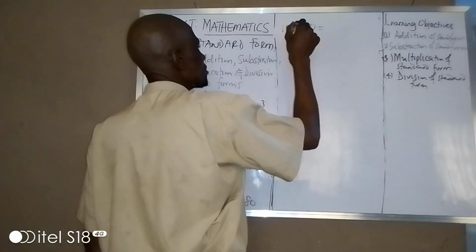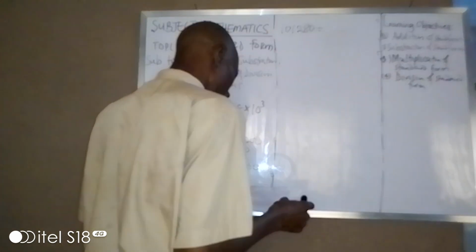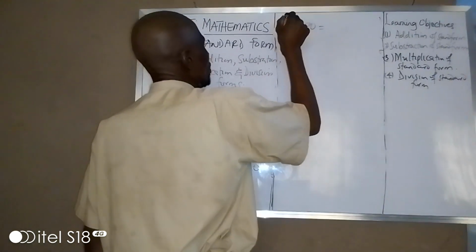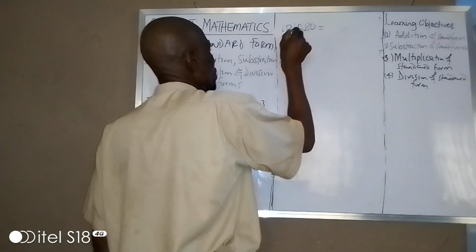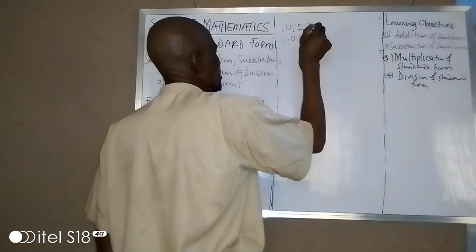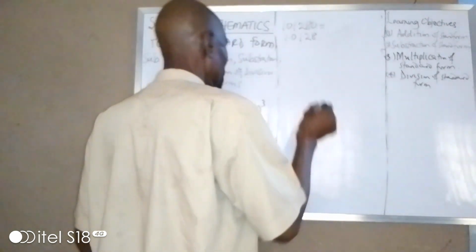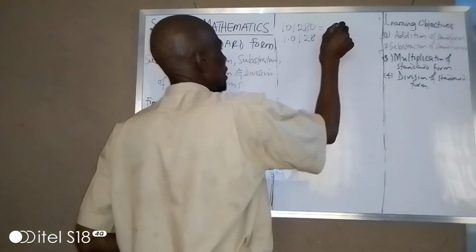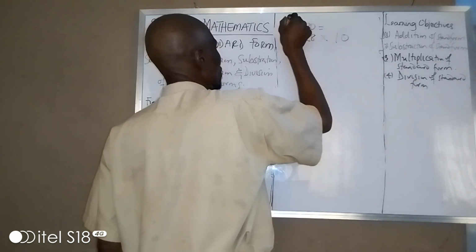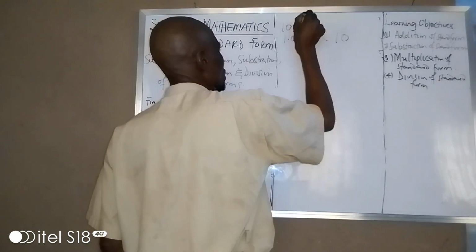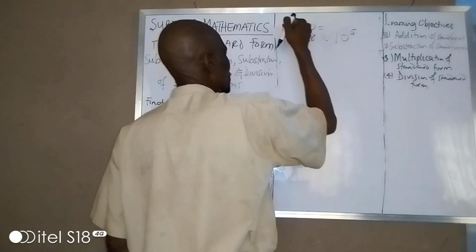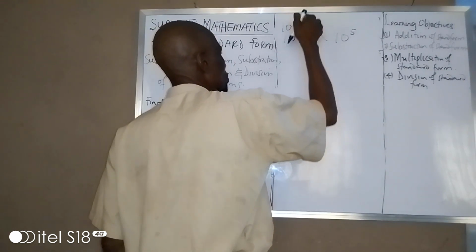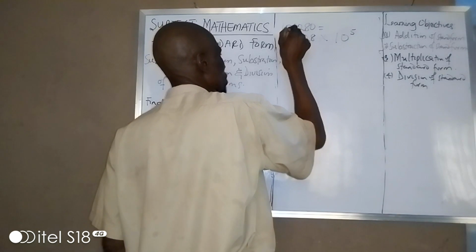As usual, where is my point? You put your point here, your A, 1.0128, multiplied by your 10 to the power of what? 1, 2, 3, 4, 5. So my n here is 5. When you put your point, 1, 2, 3, 4, 5, and this is your A.